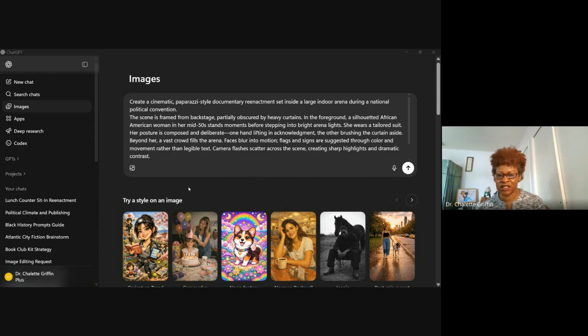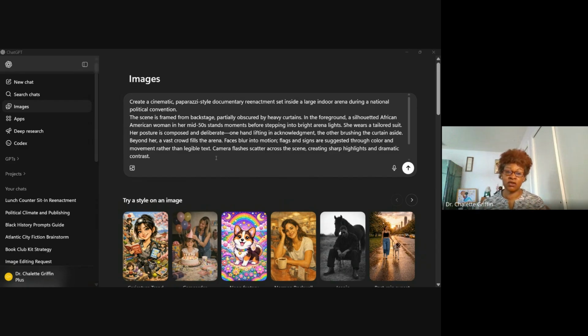Then you've got the composition, where we're talking about the distance, creating sharp highlights and dramatic contrast. All of the pieces we talked about, the subject, the action, the environment, the style, lighting, and composition, are what make this prompt very strong.